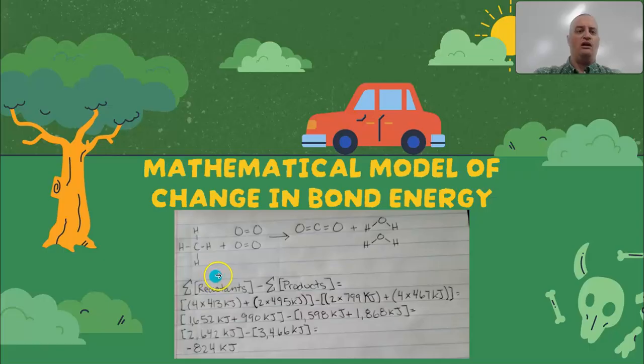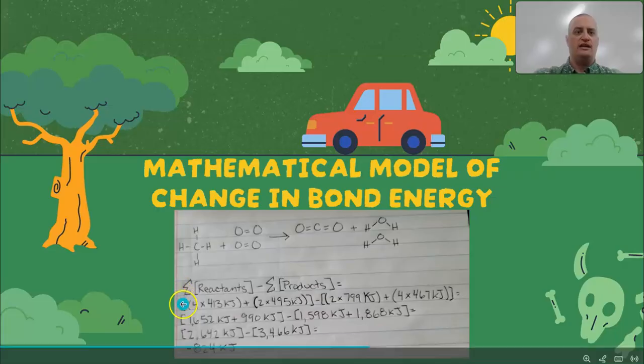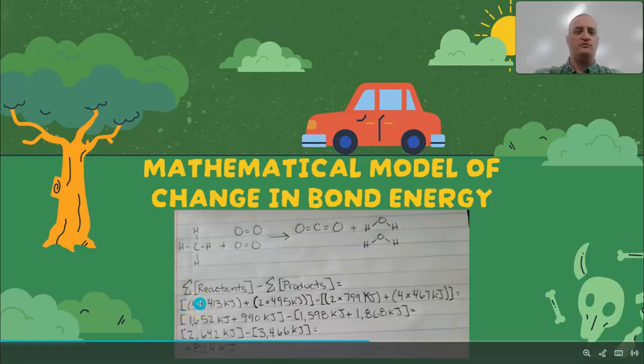It's all of the reactants minus all of the products, or really, it's all of the reactant energy required to break the bonds, plus the opposite, the negative part, for the products. For example, we have 4 carbon-hydrogen bonds here, each at 413 kilojoules, so 4 times 413.